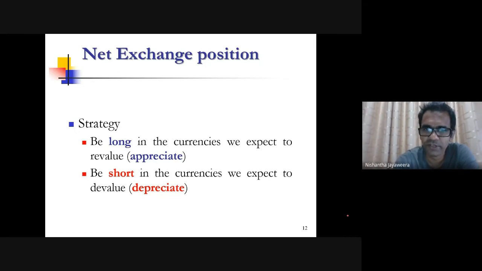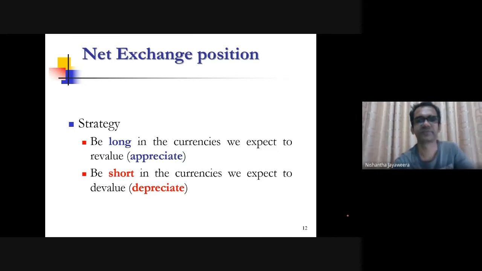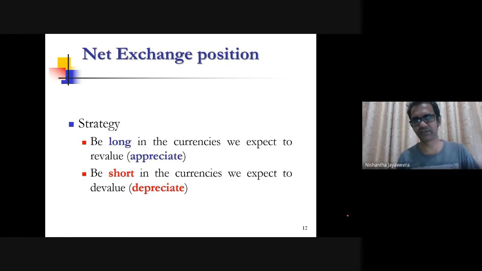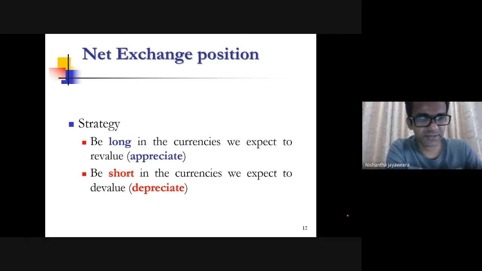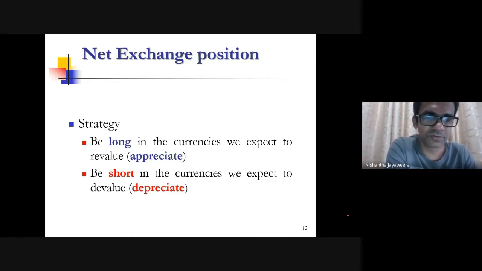So when you think foreign currency will appreciate in the future, what do you do? Make a long position. You try to buy and keep more foreign currency assets, so have a long position, positive net open position.